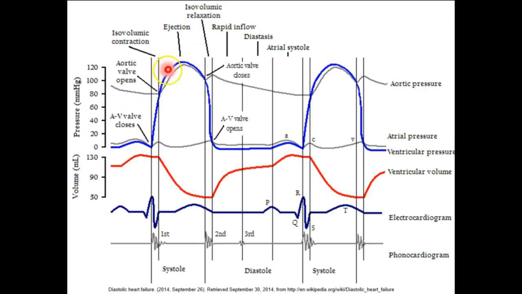So here's the increasing pressure in the ventricles. Here's the location where the AV valves closed. The pressure increases to the point where the pressure in the ventricles overcomes the resistance in the aorta, and the aortic semilunar valve opens right at this point on this chart.